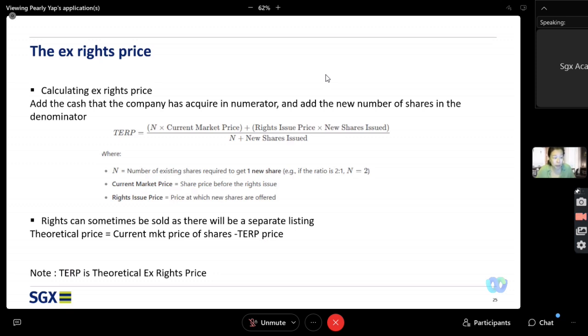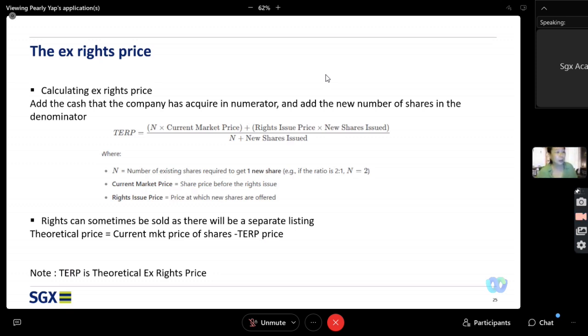Rights issue price is the price at which the new shares are offered. And because these new shares are offered at a discount, the differential has a value to it. So then you can calculate the X rights price. The market price minus the X rights price is the value of the right.